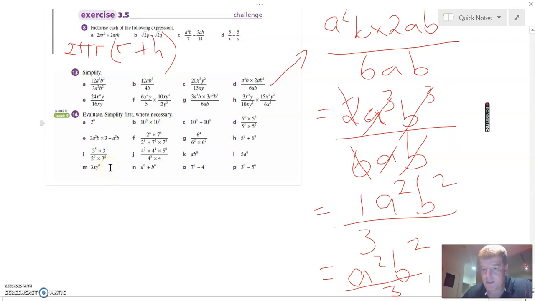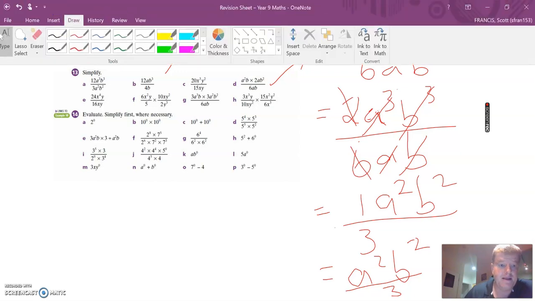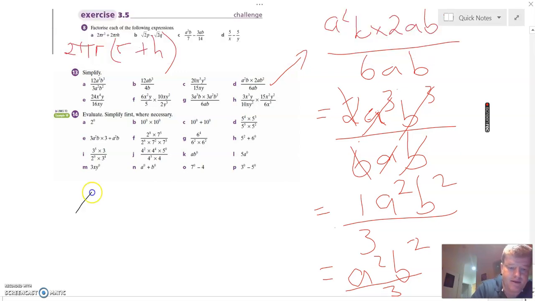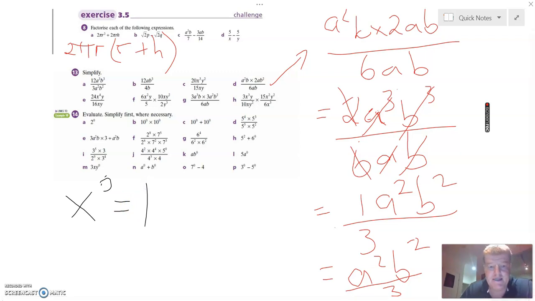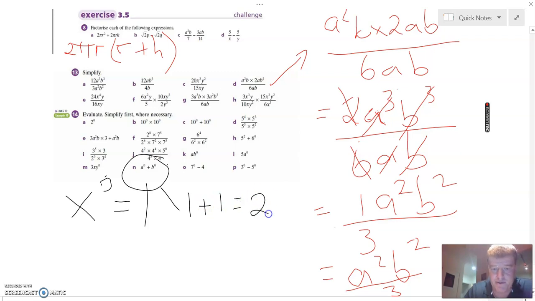Now, I just want to have a look at a couple of these in question 14 because they deal with an important rule. And that is basically that anything raised to the power of 0 equals 1. So let's have a look at a few of these. Number n here, a to the 0 plus b to the 0, that effectively equals 1 plus 1, which equals 2.